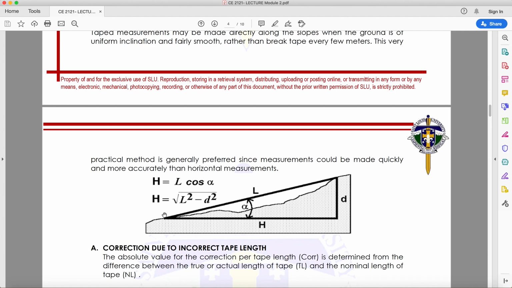Then from there, using the cosine function, it is adjacent over hypotenuse. Therefore, we can now solve for the distance h. Okay?